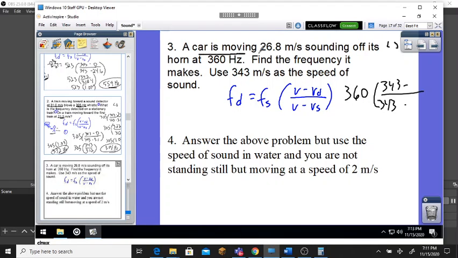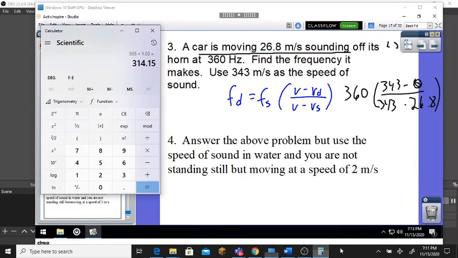And the car is moving this fast and it's making the sound, so that goes here, the velocity of whatever's making the sound. And let's just say this one is 0. So here we have 343 minus 26.8, which gives me 316.